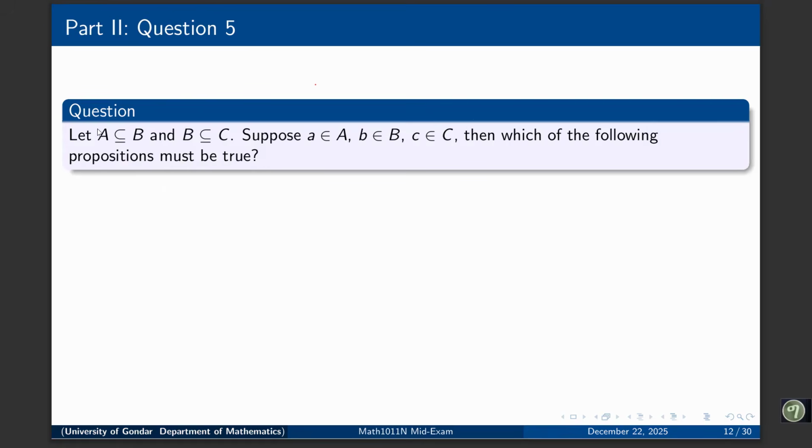We know that A is a subset of B if each and every element of A is also an element of B. Similarly, B is a subset of C whenever every element of B is also an element of C.